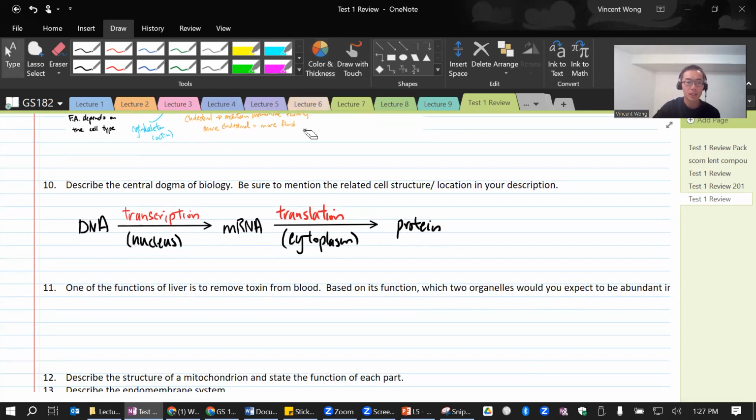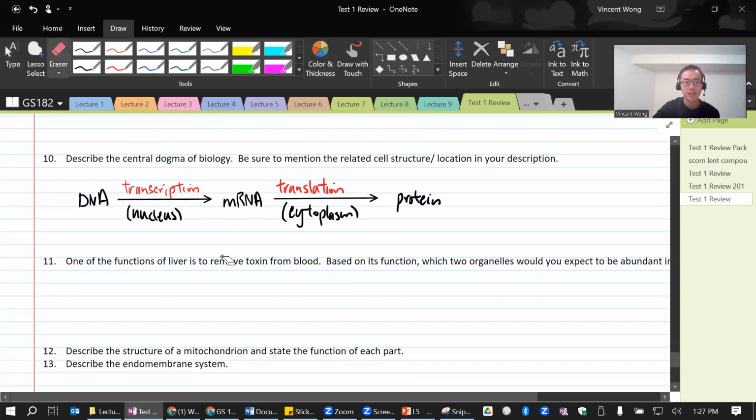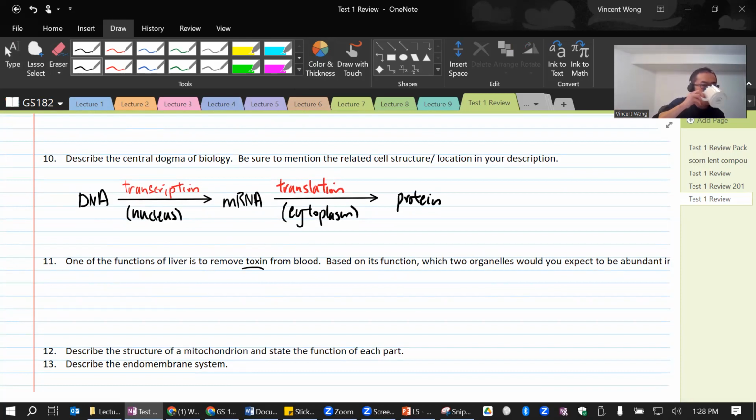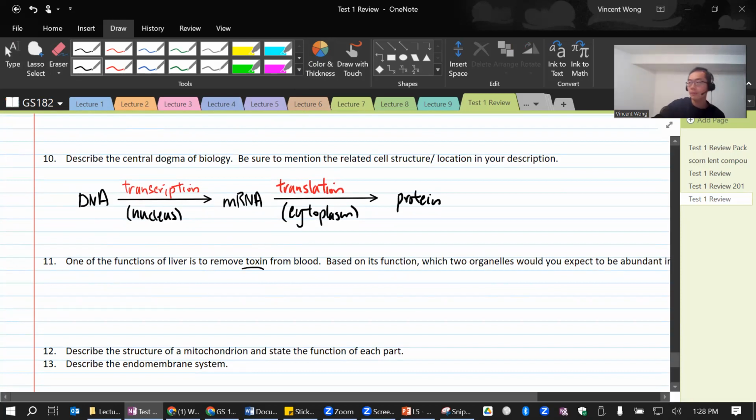One of the functions of the liver is to remove toxins from blood. Based on its function, which two organelles would you expect to be abundant in a liver cell? Detoxification. Which two organelles? Do you guys remember? Peroxisome. That's good.